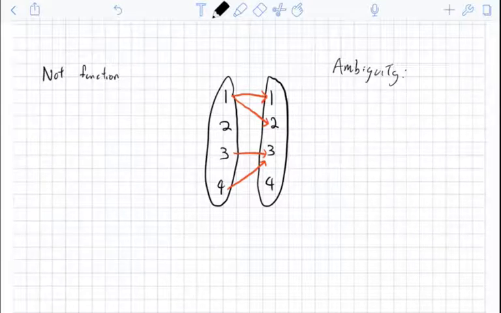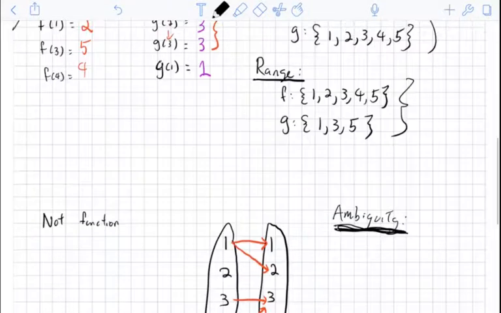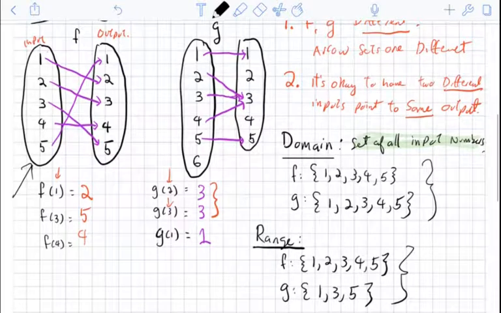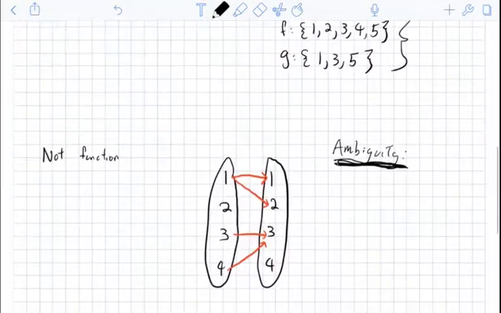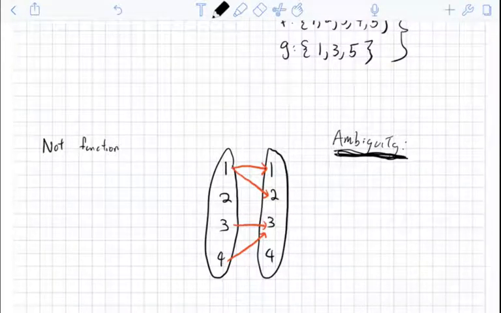The answer can't be ambiguous. The answer might be no answer. So in the last one, you saw that, what was it? g of the number 6 gave no answer. That's entirely possible. But what isn't possible in terms of functions is that you get 2 answers out.